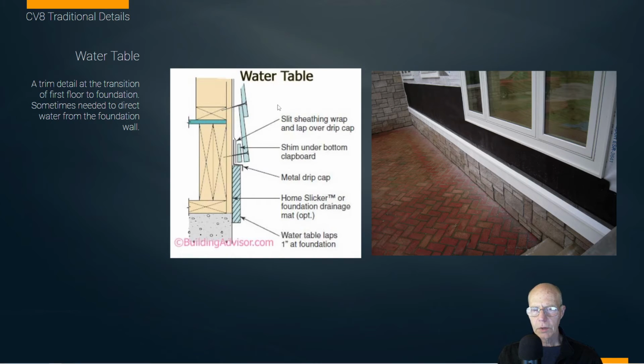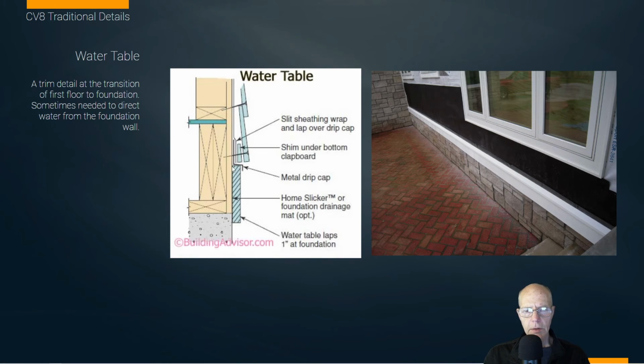One specific term that I introduce in the townhouse module is the idea of a water table. A water table could be thought of as a transition between the exterior wall and the foundation system, usually happening at the first floor level. Sometimes it's decorative and sometimes it has a functional reason for existing.